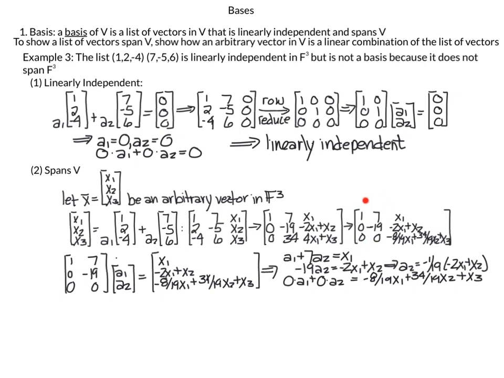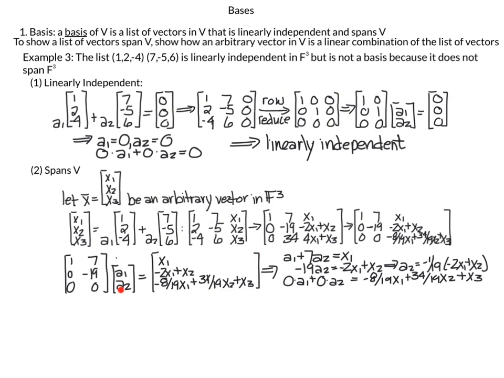But anyway, now I'm going to put this back into vector equation form. I have my coefficient matrix with columns 1, 0, 0, 7, negative 19, 0, my variable a1, a2. And then for my solution vector, I have for the first coordinate x1, the second coordinate is minus 2x1 plus x2, and the third coordinate is minus 8 over 19 x1 plus 34 over 19 x2 plus x3. So the equations I have, multiplying row times column, I get a1 plus 7a2 is equal to x1.